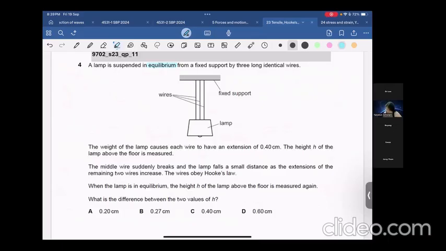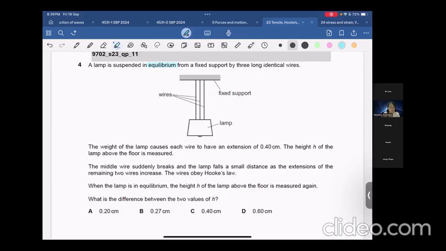The weight of the lamp causes each wire to have an extension of 0.4. So in overall it's still 0.4. In parallel, the extension overall is still 0.4, because they increase in parallel, so overall your system increases 0.4 only.